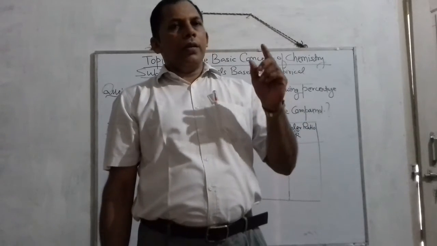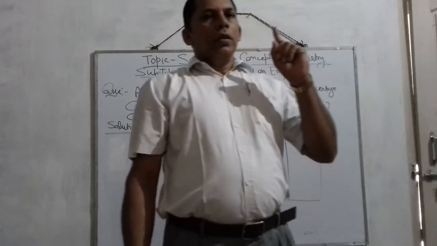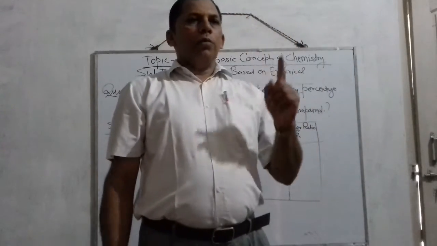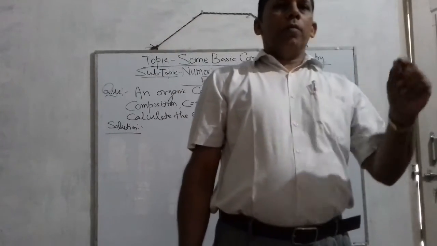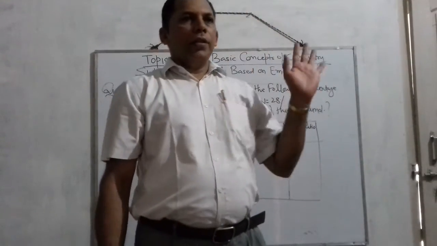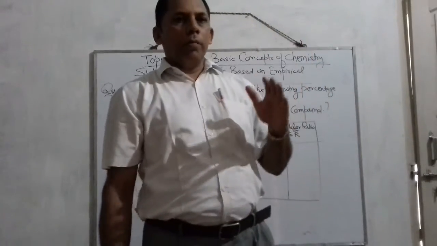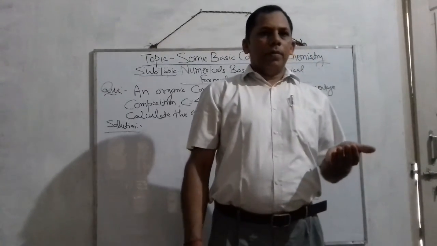And for that, there are some common points you have to remember. You also have to know the atomic mass of the element. Suppose the percentage is given but the atomic mass is not given to you, so you have to remember it yourself.